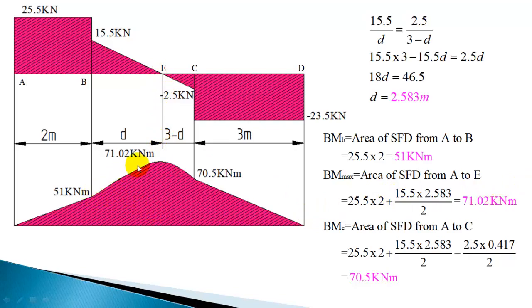So you can draw a parabolic variation with the peak 71.02 coming at a distance of 2.583 meter from B, or 4.583 meter from left hand. From 70.5 you can show linear variation because shear force is constant, and extend it to 0. So that completes the bending moment diagram.